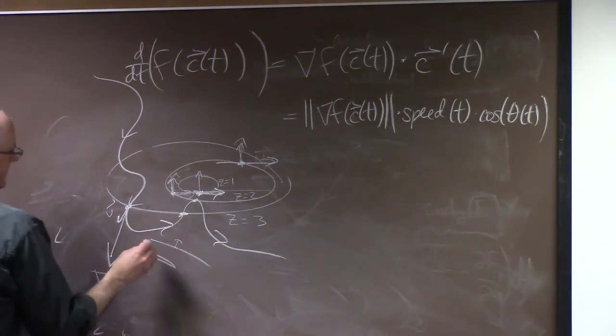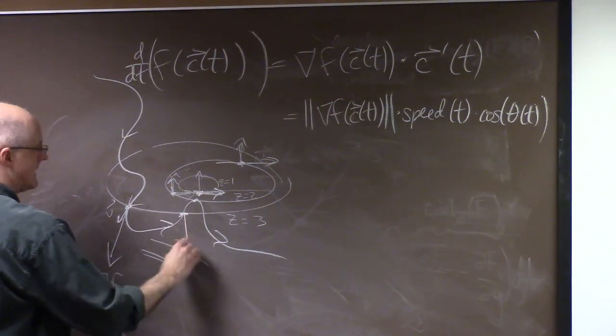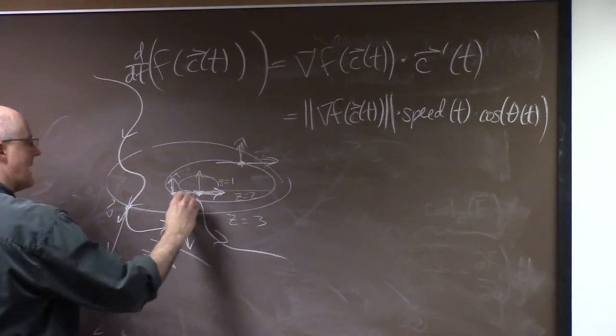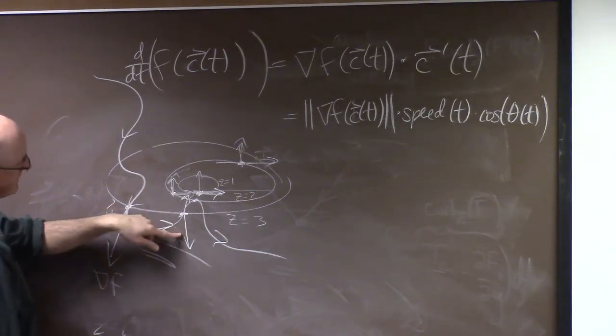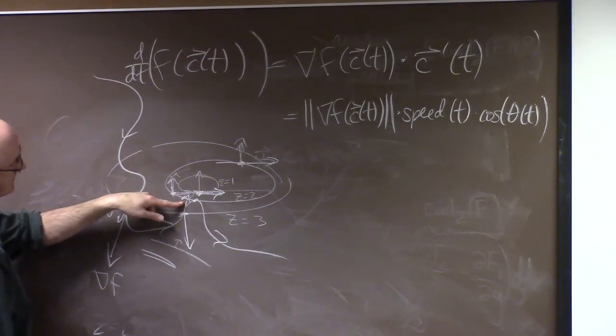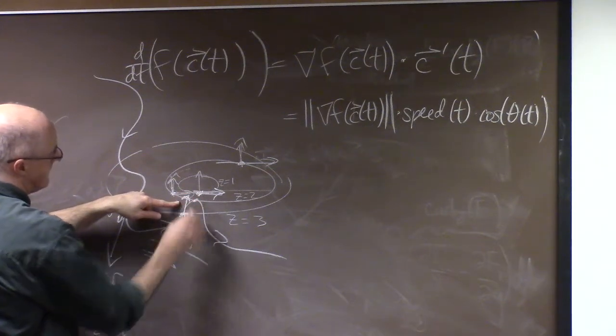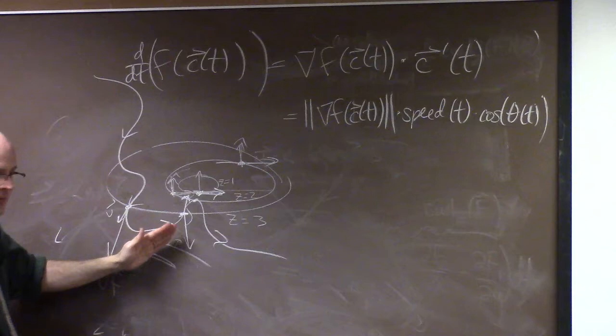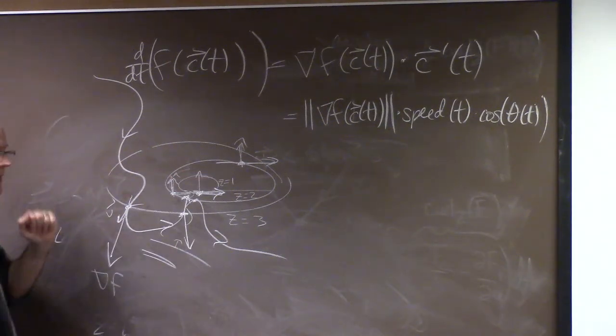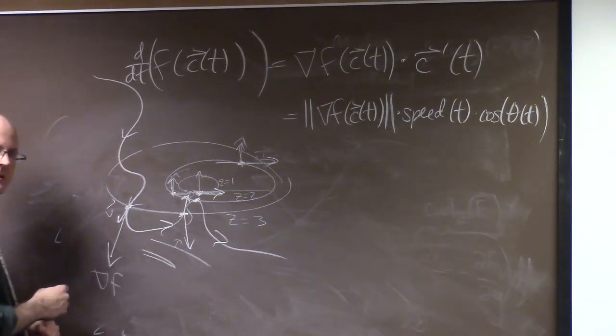Here you'll get a negative because the gradient vector makes an angle bigger than 90 degrees with the velocity vector. Here's the gradient vector, here's the velocity vector, like this. Angle there is bigger than 90 degrees, you'll get a negative rate of change, which makes sense. The bug's going from hotter to colder. What about right there? What do you think it is there?